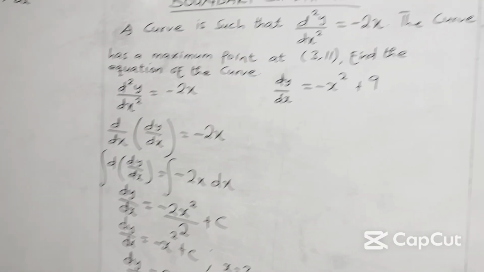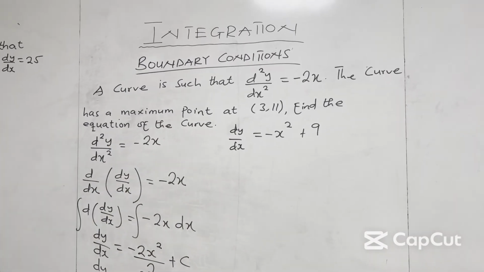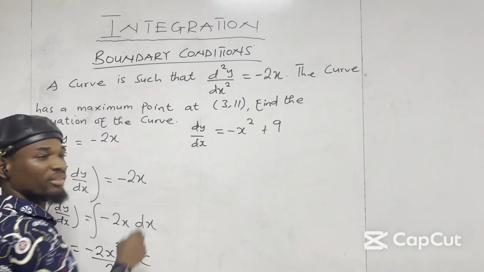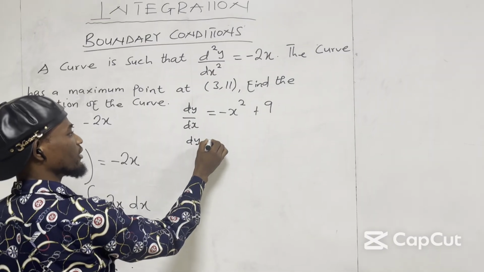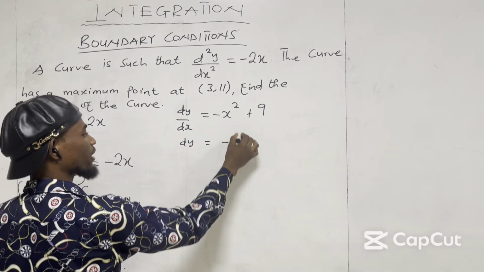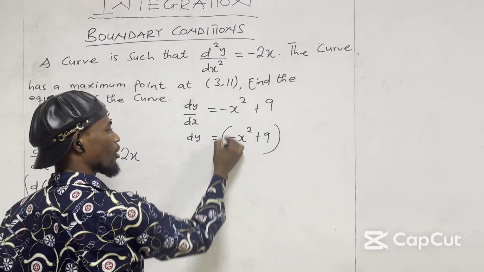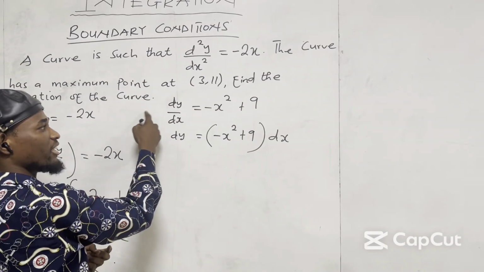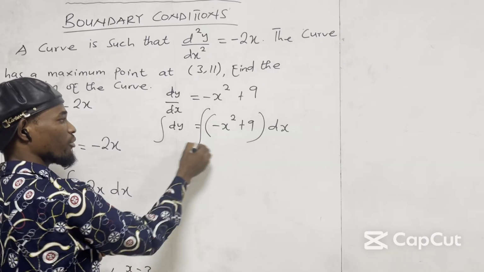Now for the second part, find the equation of the curve. Now that you have this, you can still do something here. This is the same as dy is equal to negative x squared plus 9 dx, multiplying here by dx, here too by dx. What happens? You take the integral of both sides.